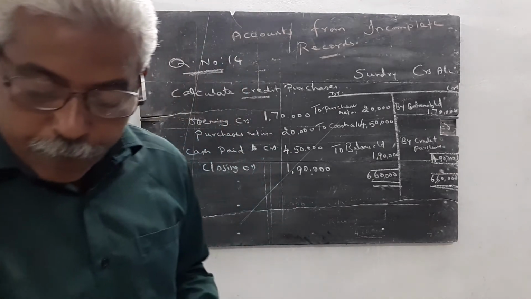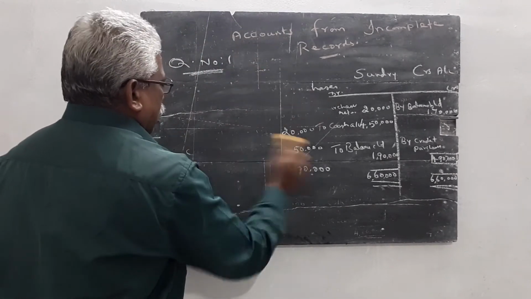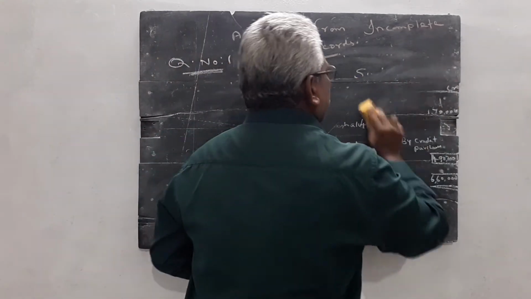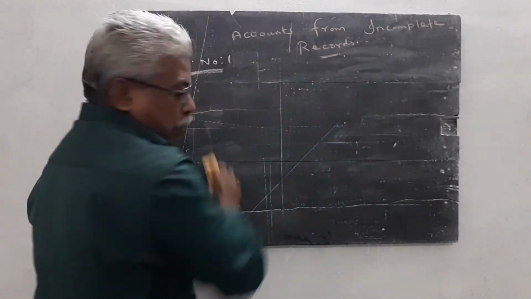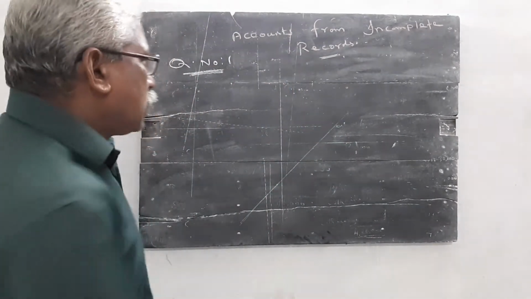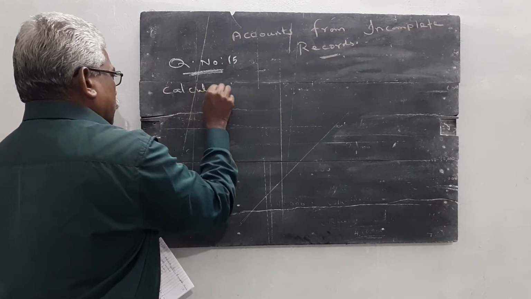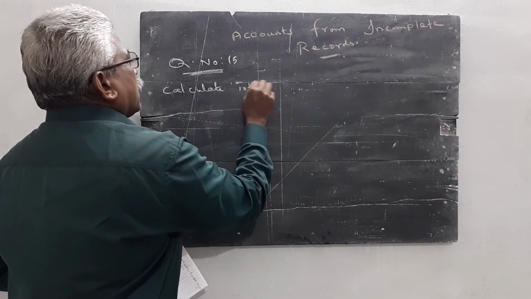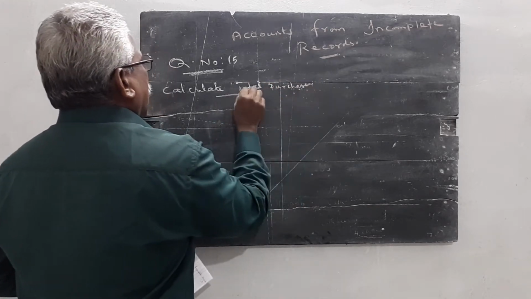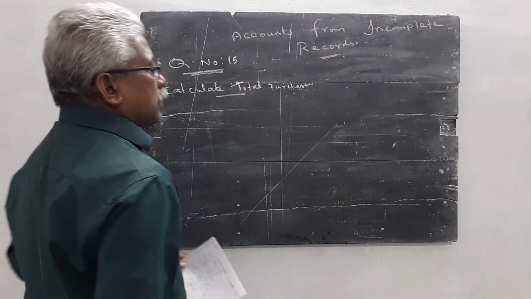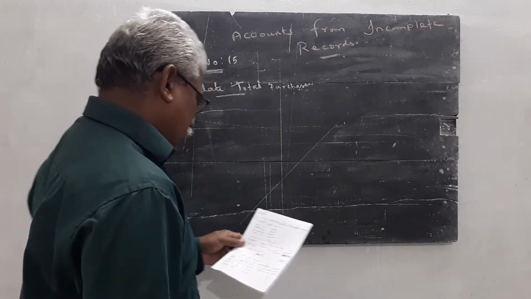Then we will do the second question, that is question number 15. Here we calculate total purchases. Total purchases is equal to cash purchases plus credit purchases. That's all.